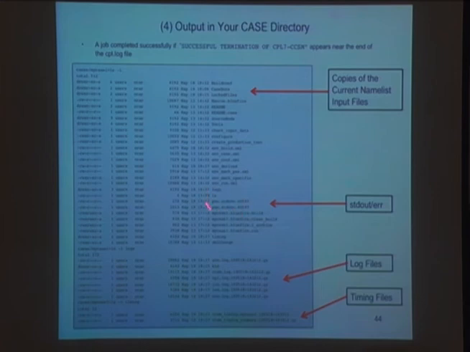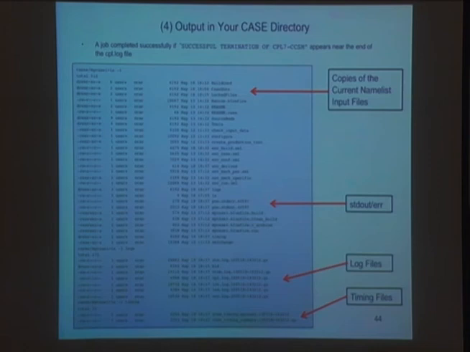Generally, your machine will have some kind of standard error and standard out files that show up. That's a machine-dependent thing. Then there are log files. All the models individually create what we call log files. It's the standard out from the model.